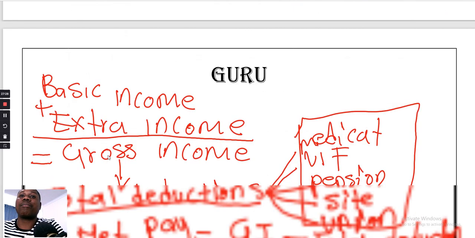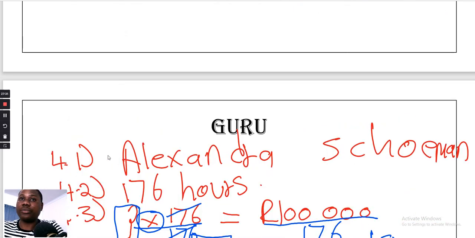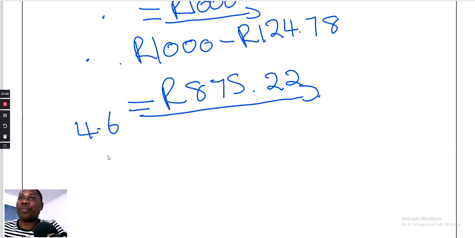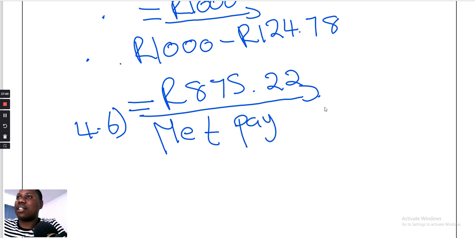I'm not going to take you to where I wrote about the net pay, but we know already. You saw what I did, saying that the net pay is equal to gross income minus total deductions.